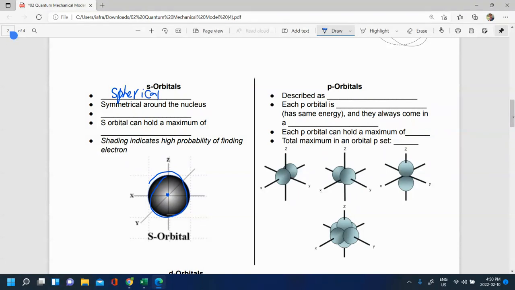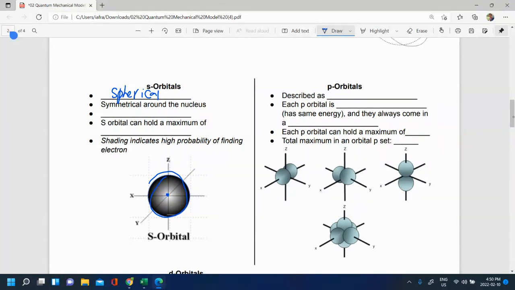S doesn't actually stand for spherical. It is a spherical shape, but S stands for sharp. These letters represent different harmonics that were studied back in physics. So you don't have to know the harmonic notation, just know S, P, D, F and know what their shape is. So spherical for the s orbital. And because the s orbital is shaped like a sphere, it's a ball, it's a symmetrical shape.